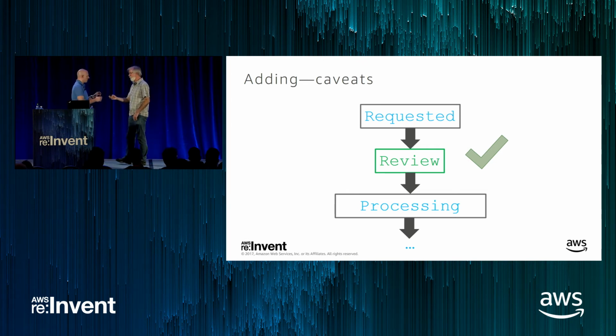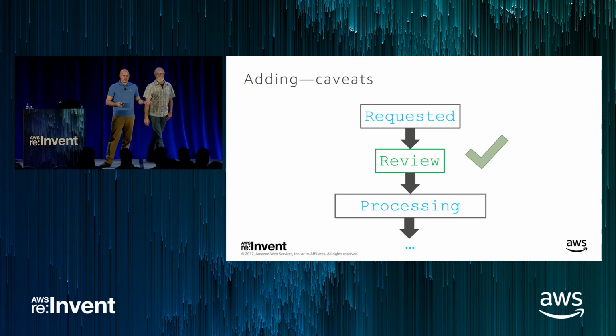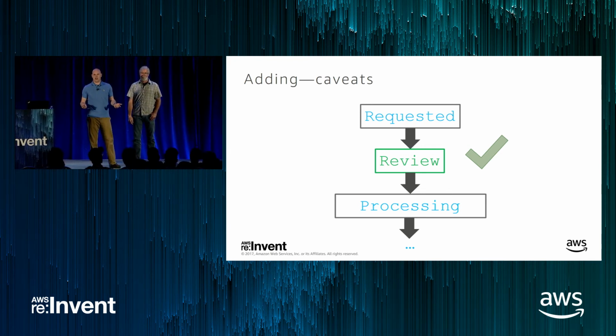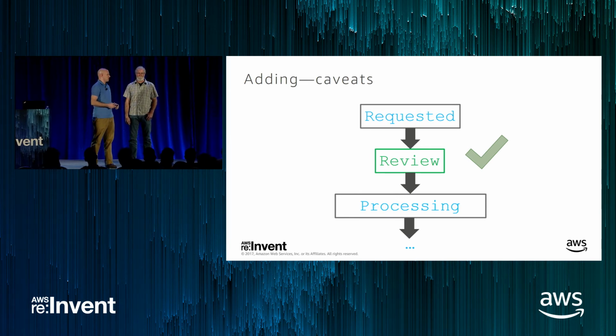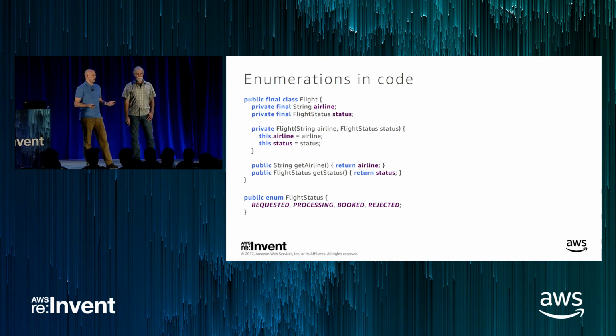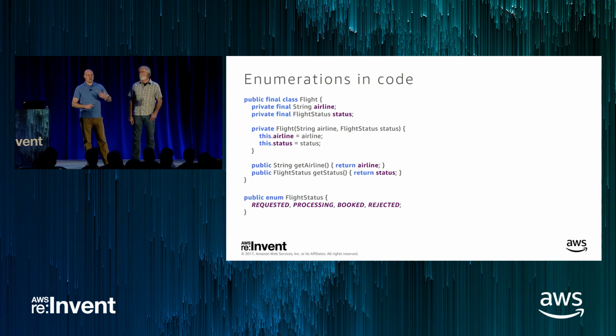So we've got this state model, we've got these enumerations, and it might be tempting to model an enumeration in the language construct for an enumeration. Java has an enum type, and many other languages have enum type constructs. It's tempting to use those, and I think it's what customers would expect, and it's obvious.